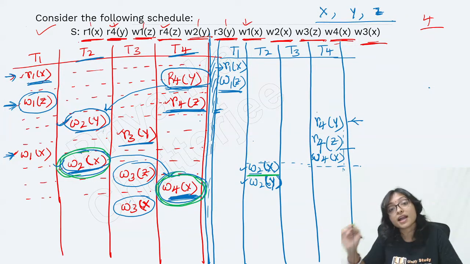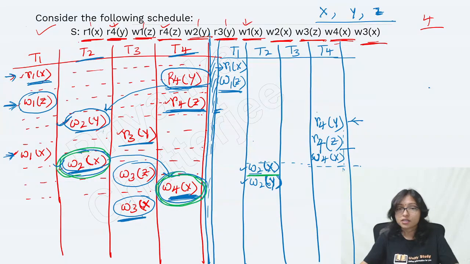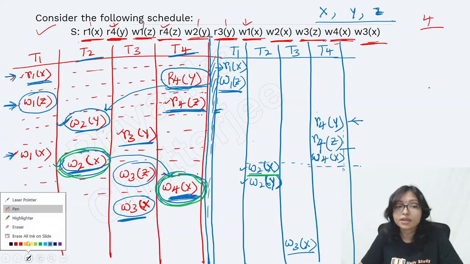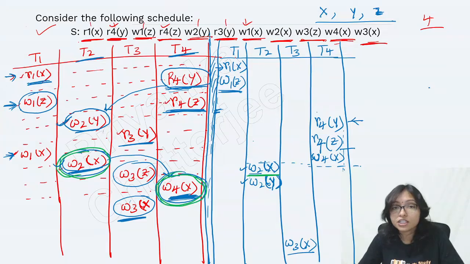Who was doing the final write? T3 was doing the final write operation for x. So I have to maintain that one. I am maintaining that T3 is doing the final write operation for x. So you can see I am maintaining everything here. The initial read I also maintain for this one.